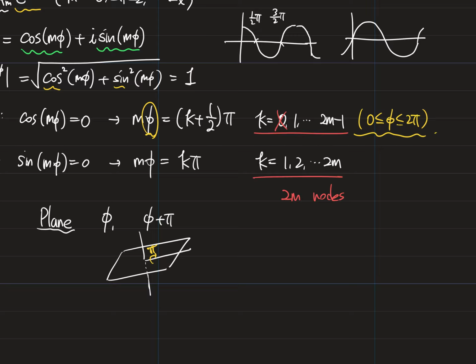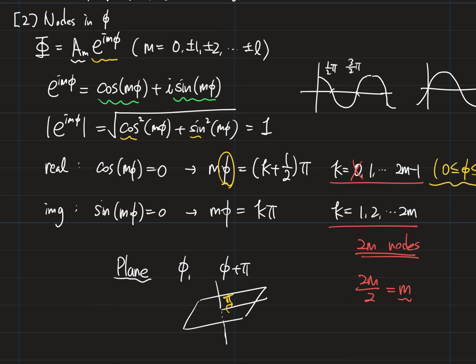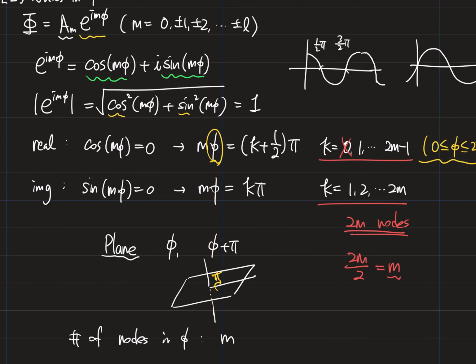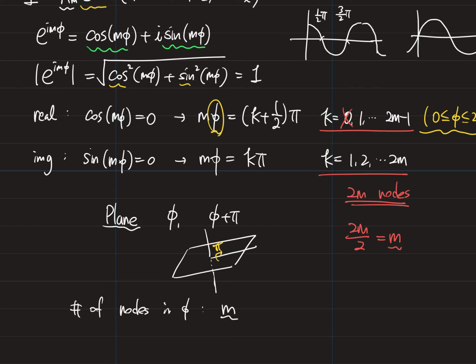So there is a twofold degeneracy. These nodes are all non-unique, so we need to divide them by 2. So actually there are only m nodes here. The number of nodes in P would be m, where m is a positive number, right?